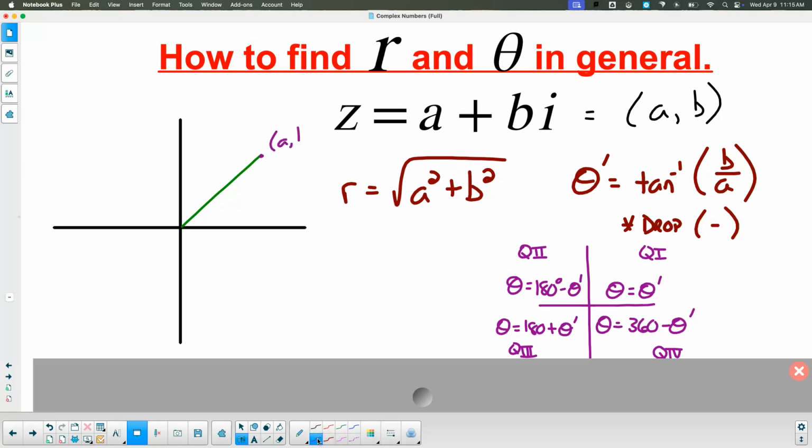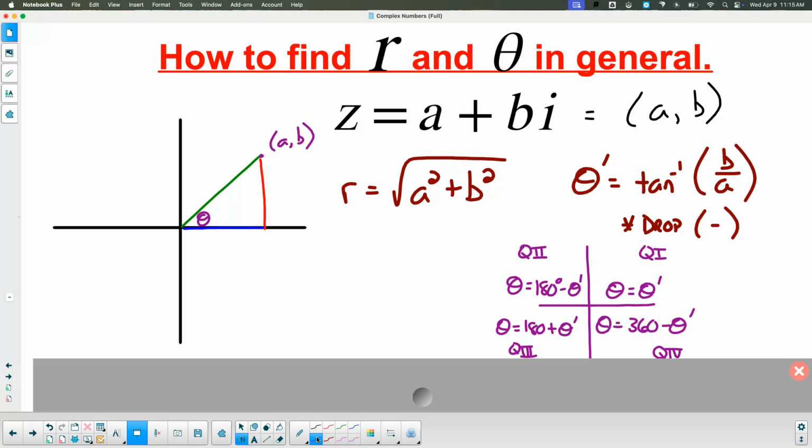Okay? So, I'm just going to randomly select here an A and a B. Now, I can make a right triangle out of that. And then this would be my actual theta. Do we all agree with such?